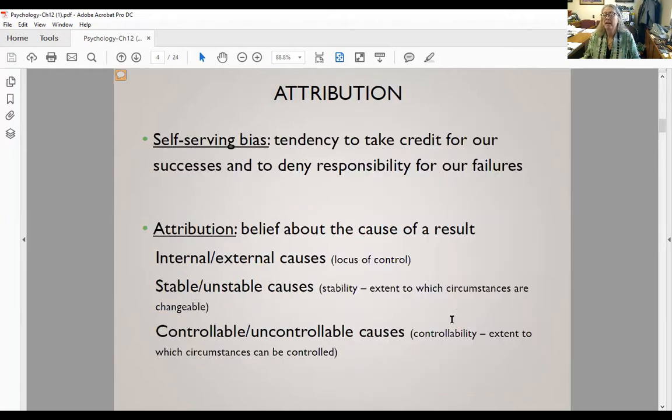Another error that we have, a whole group of errors, we call them self-serving biases. And self-serving biases allow us to take credit for our successes and not feel so bad about our failures. So one example of a self-serving bias, I don't know about you, but when I was growing up as a kid, our family used to play Scrabble all the time.